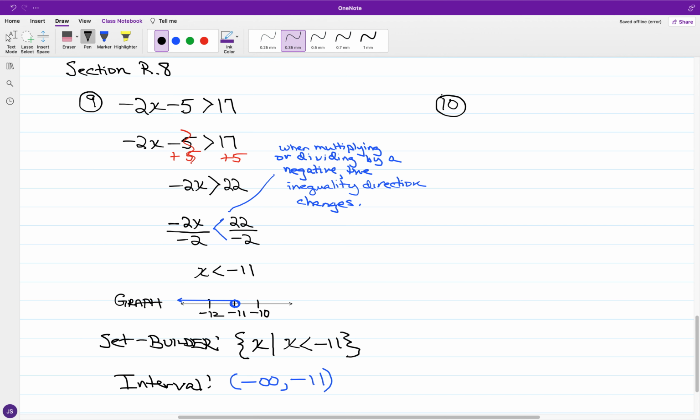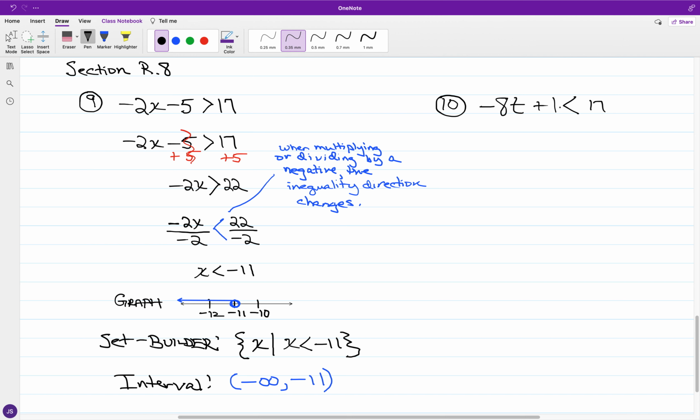And for what we have from section R8, inequality statements are not limited to just the letter x. And in this one we have t to look at, and in solving for t we have the inequality statement where negative 8t plus 1 is less than 17.